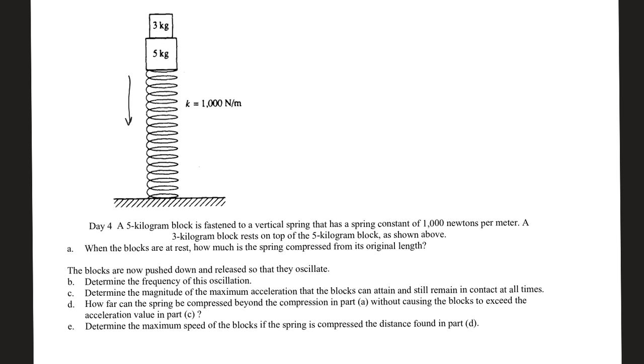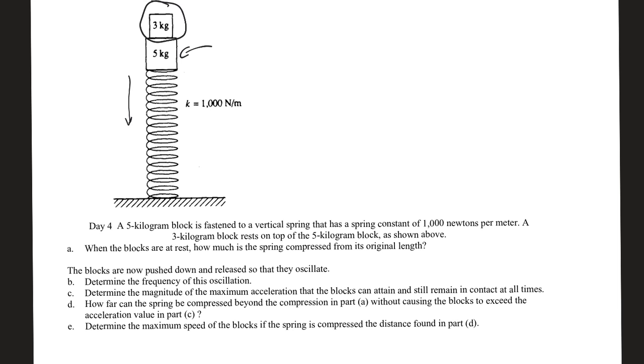I'm going to give you a hint. So if you want to draw a quick picture of this, I want you to have this hint. It should be enough to help you solve the problem this evening. The hint is this. The only way this box stays in contact is if the acceleration of this box is never greater than g.